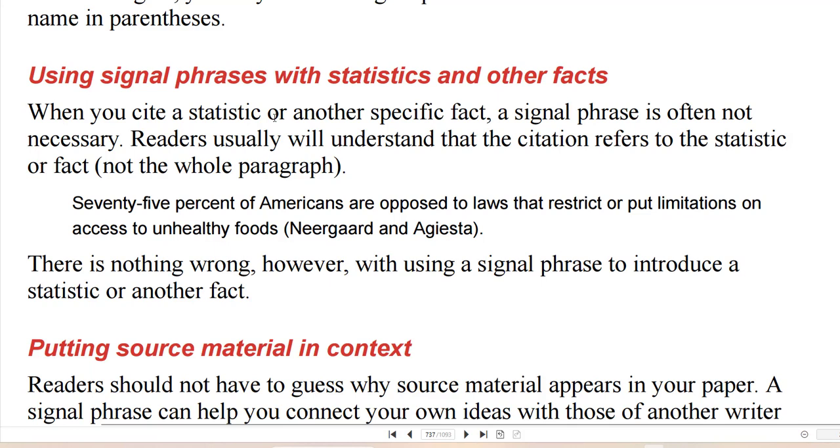When you cite a statistic or another specific fact, a signal phrase is often not necessary. Readers usually will understand that the citation refers to the statistic or fact, not the whole paragraph. 75% of Americans are opposed to laws that restrict or put limitations on access to unhealthy foods. So here you have your in-text citation of less than 2 lines.